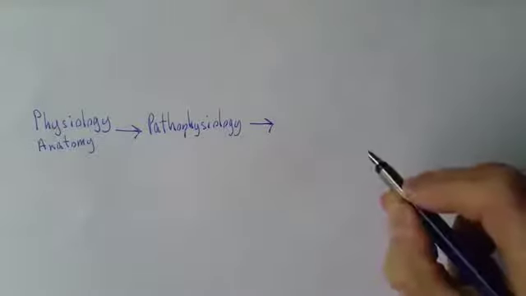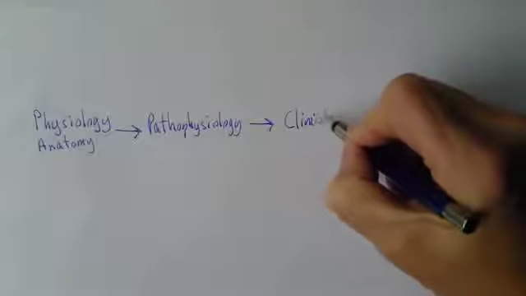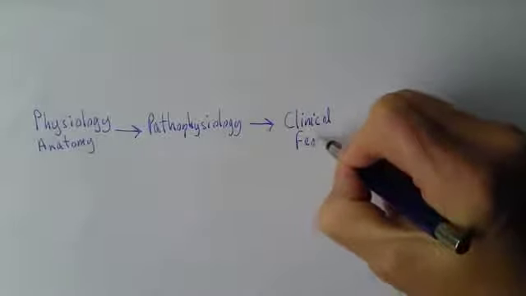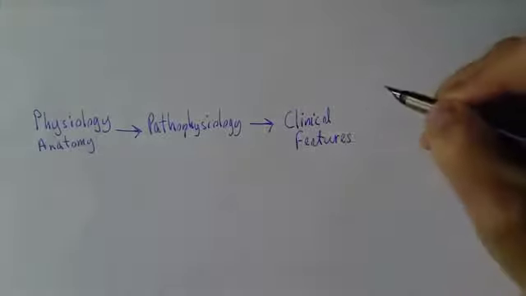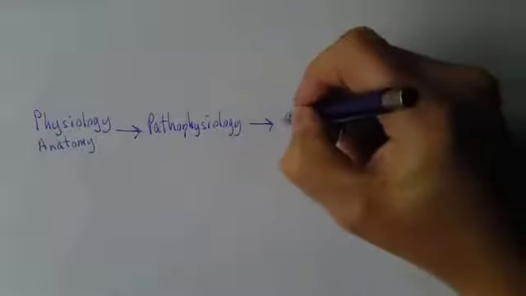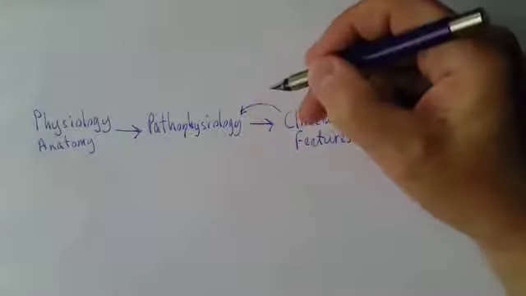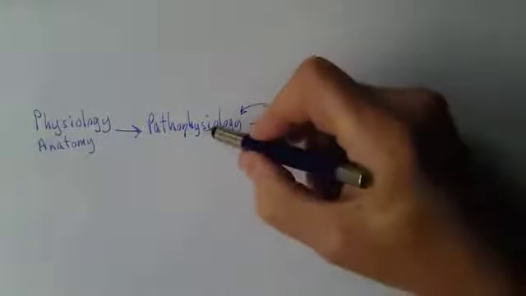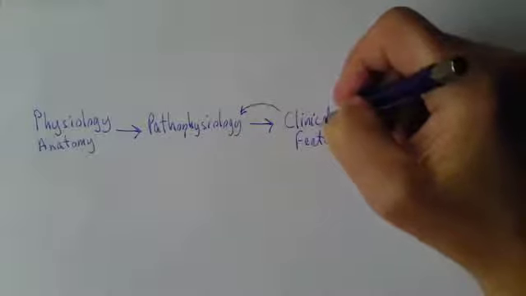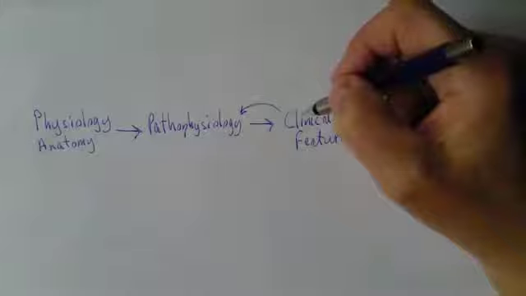Because pathophysiology will give rise to clinical features. So how do we know there's been a disruption to normal physiology? Because the clinical features will tell us there's been pathophysiological change. So the pathophysiological change gives rise to the clinical features, but the clinical features inform us about the change.